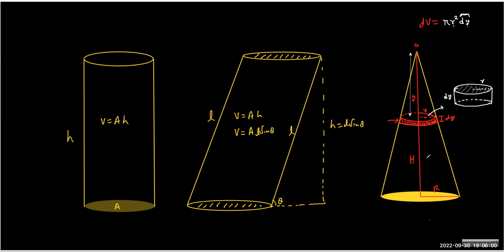You can use a cross-sectional similar triangle. If you use the similar triangle, what do you get? This is y. The whole length is H. And we have done this before also. So I expect you guys to tell me the answer. What is the relationship between r, y, capital R, capital H? Tell me, guys.